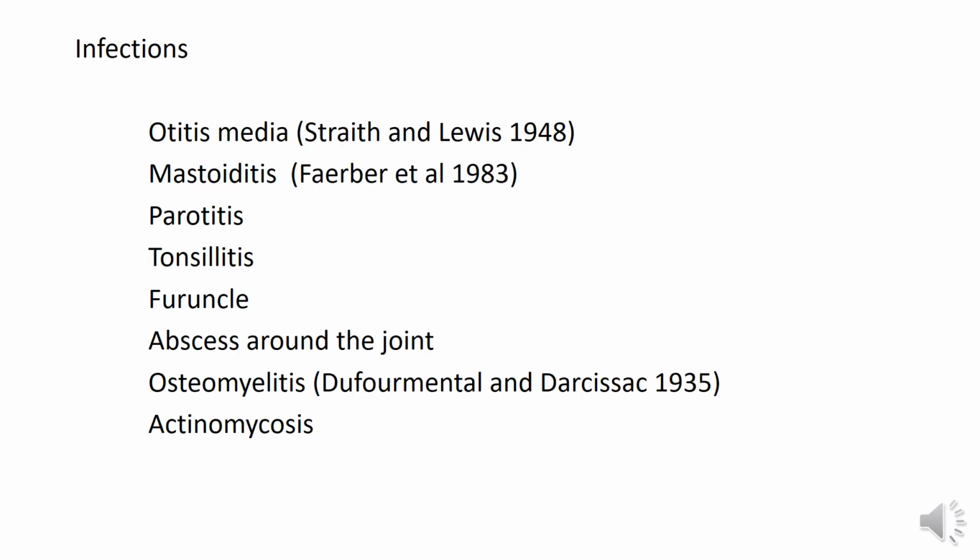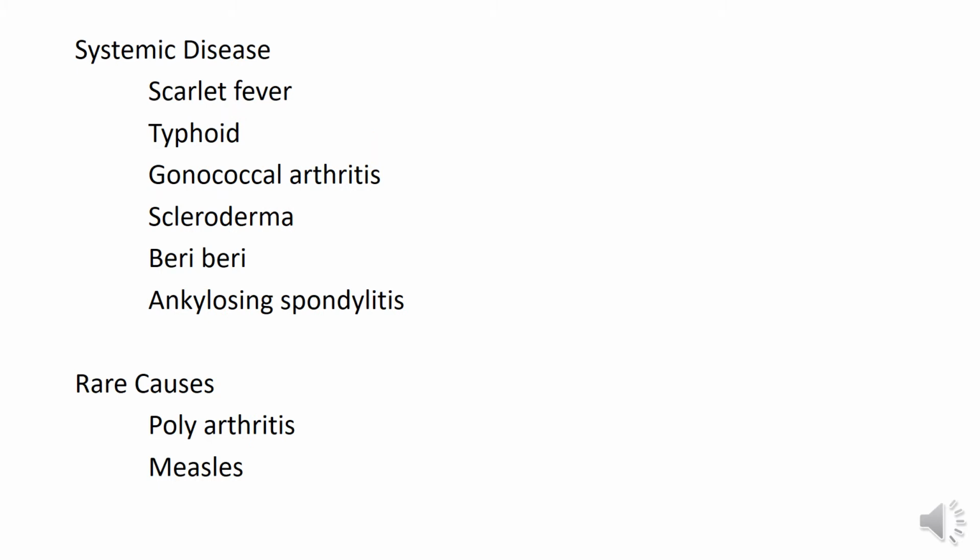Infections include otitis media, mastoiditis, parotitis, tonsillitis, furuncle, abscess around the joint, osteomyelitis, or actinomycosis. Inflammations like rheumatoid arthritis or septic arthritis can cause restriction of mouth opening. Systemic diseases include scarlet fever, typhoid, gonococcal arthritis, scleroderma, beriberi, ankylosing spondylitis. The rare causes are polyarthritis and measles.